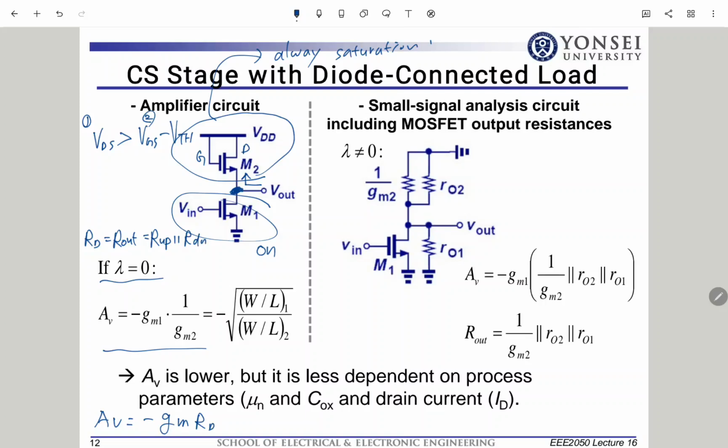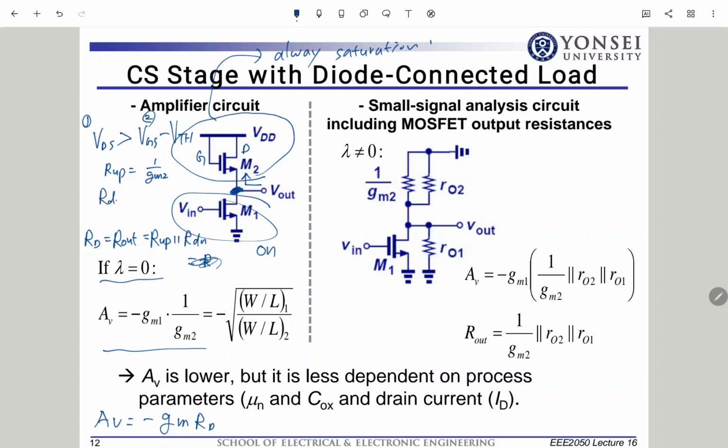What is R up here? The impedance seen from the source side of the M2 transistor. What is that? 1 over gm2, right? So R up is 1 over gm2.